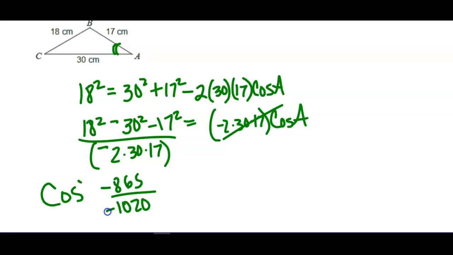So when you do inverse cosine, it's going to be an acute angle because these are going to cancel each other out and become positive. So inverse cosine of 865 over 1020, I got a 32-degree angle. You didn't have to finish that one. I was just trying to show you one where it came out acute. Seems like we had a couple that were obtuse.